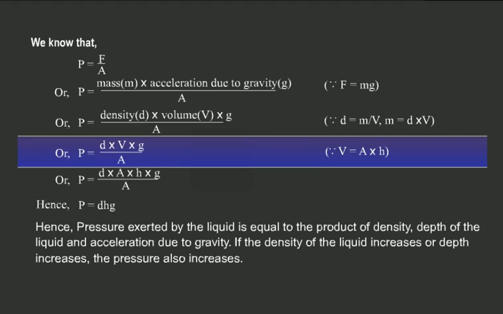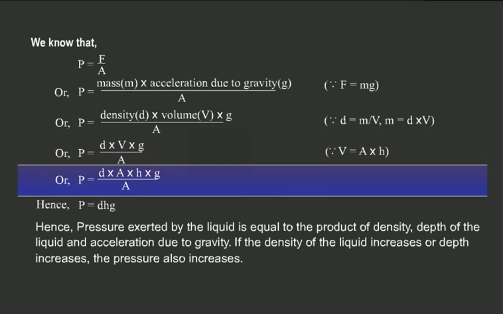Now, since volume is given by area into height, we write this equation as P is equal to D into A into H into G divided by A.